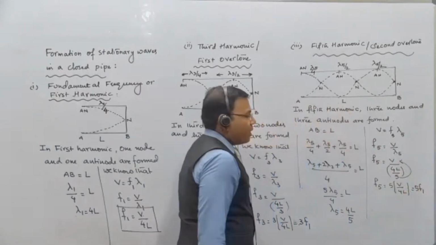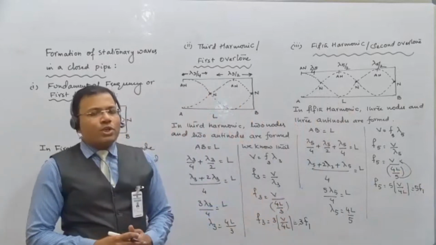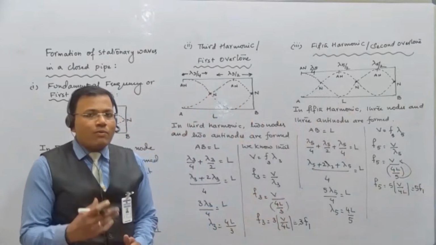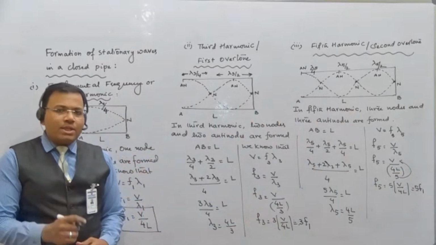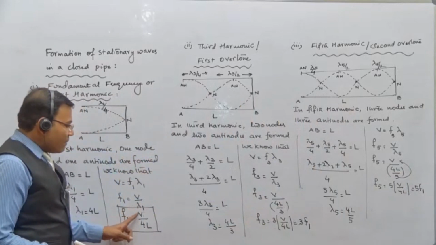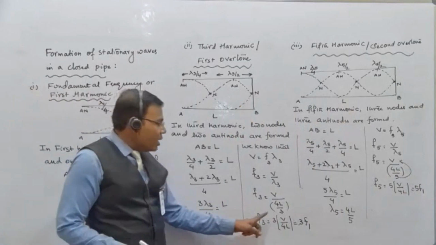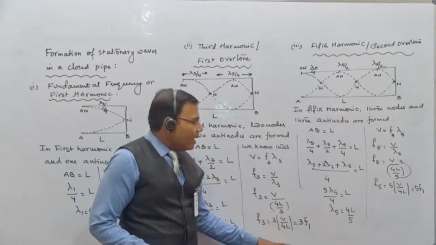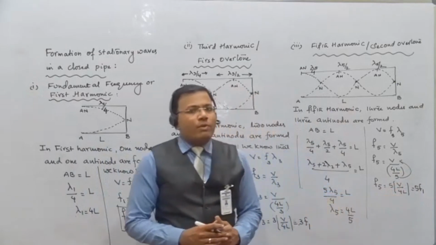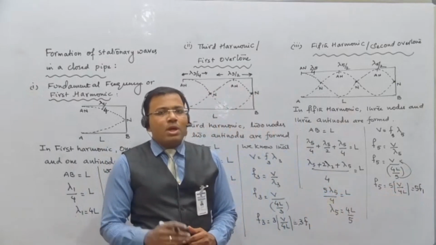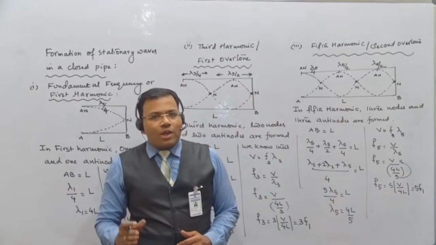So the very important conclusion point here, again, we need to write as we have written for the open pipe. So the ratio of the frequencies in this situation, we are getting here 1 times V by 4L, here it is 3 times V by 4L, and here you can see it is 5 times V by 4L. So the ratio of the frequencies under this situation is 1:3:5, and so on.